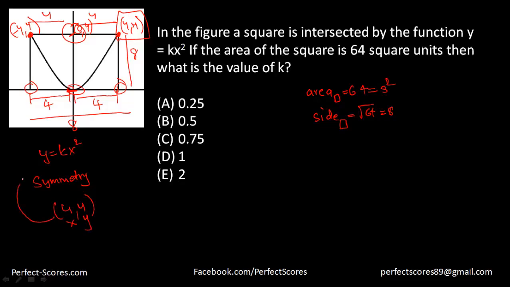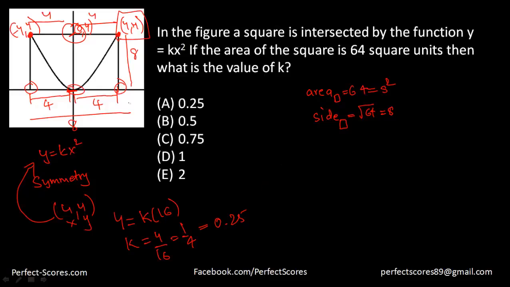If I plug these values back into this, I would be getting y, that is 4, is equal to k into x square, that is 16. That means k is equal to 4 by 16, which is 1 by 4, which is equal to 0.25.